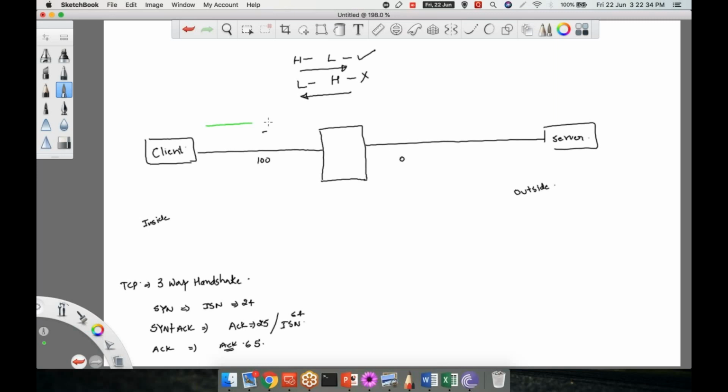Now what basically happens? From the client towards the server, because it's coming from high to low, the SYN packet is allowed. But the return traffic, your SYN ACK, because it's coming from lower to higher, is going to get dropped.